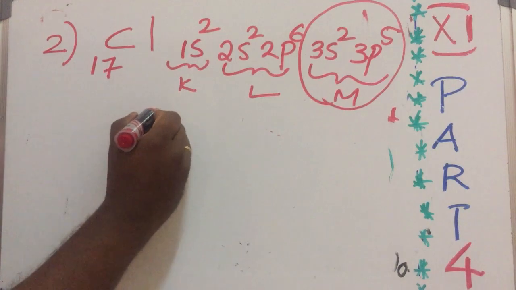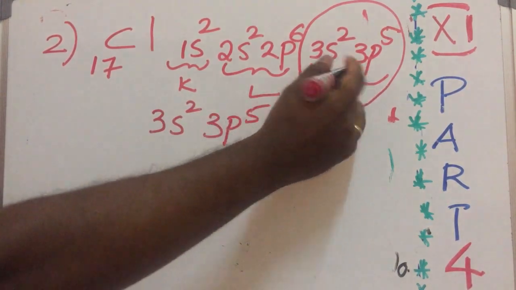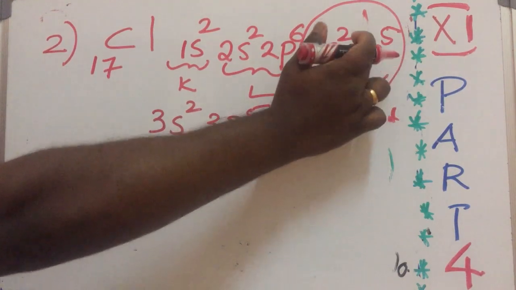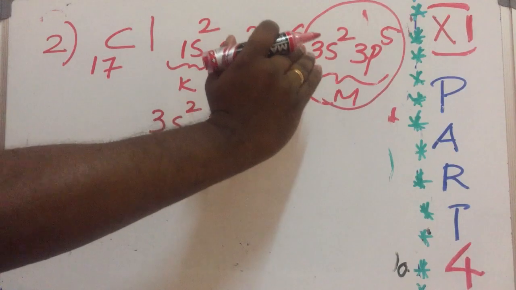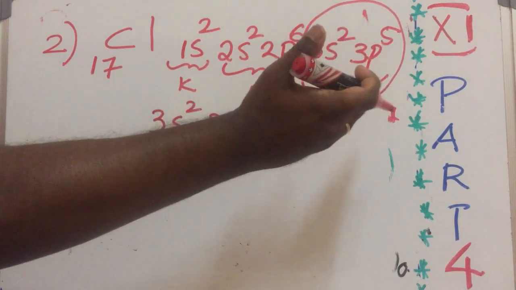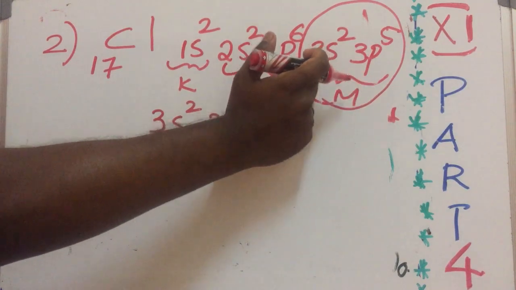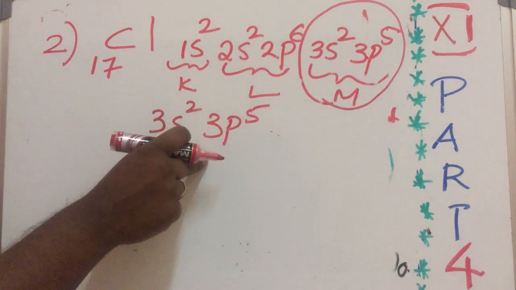Last shell. So take only 3s2, 3p5. This complete shell is important, not only 3p5. In the previous example, sodium 3s1, there was no 3p, so we took only 3s, but here 3s and 3p both are present in the valence shell, so take both together.